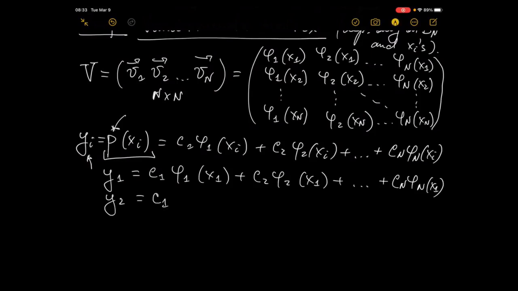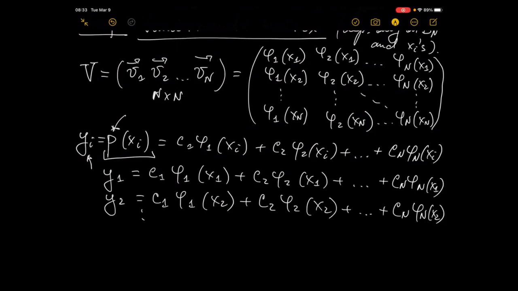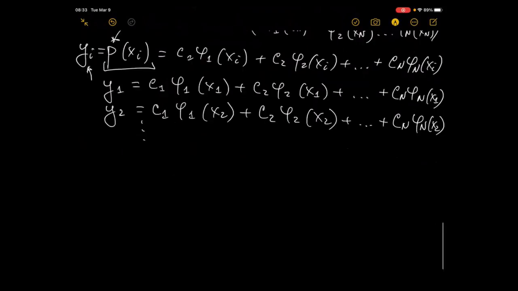So pay attention, the same coefficients, the same functions, just the same linear combination of them. And so on. And at the point xn, it has to be equal to yn correspondingly.